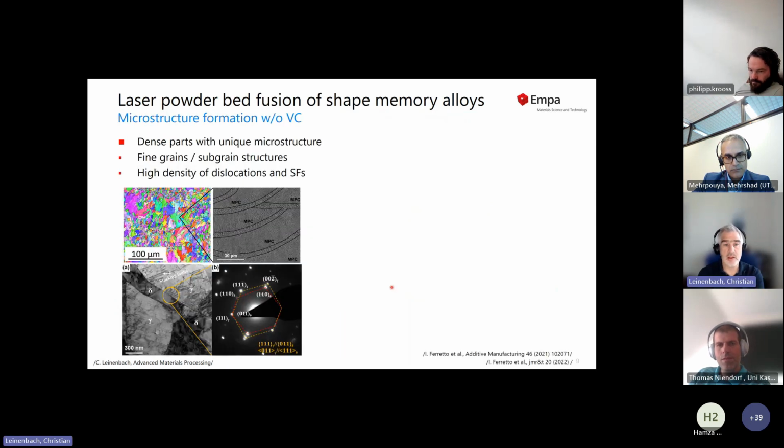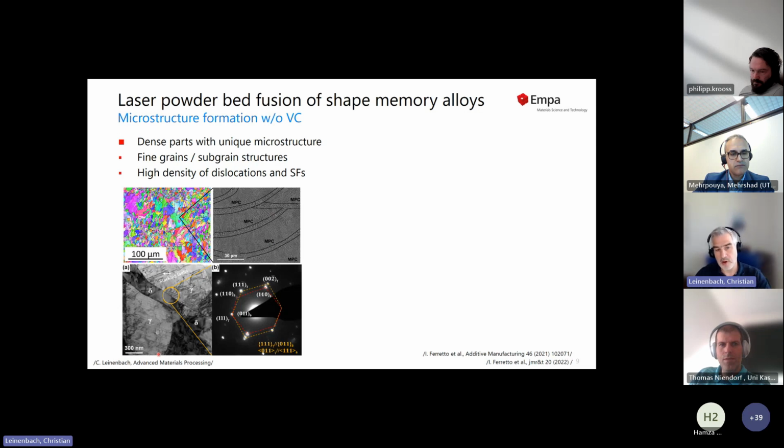This is just the microstructure here as an example for the one without. That's the designation I'm going to use during this talk. We could fabricate dense parts. You see fine-grained microstructures. We have subgrain structures.